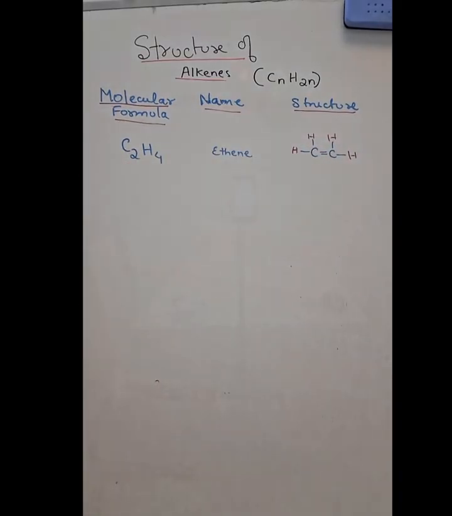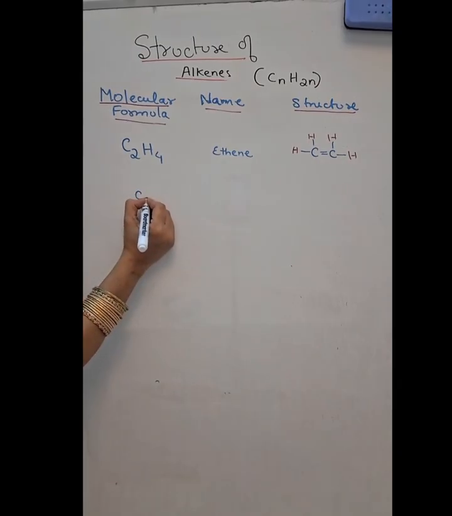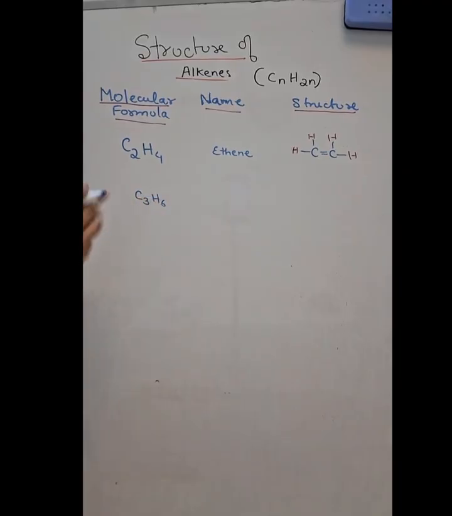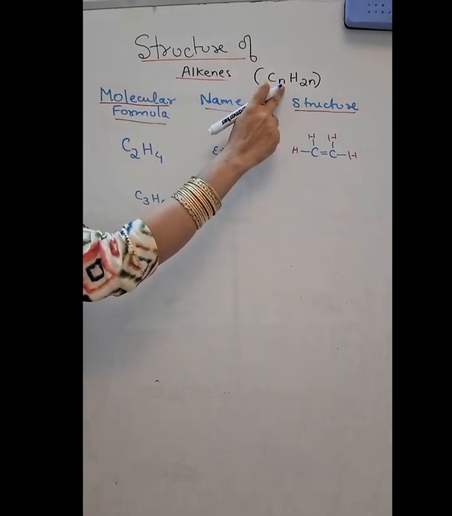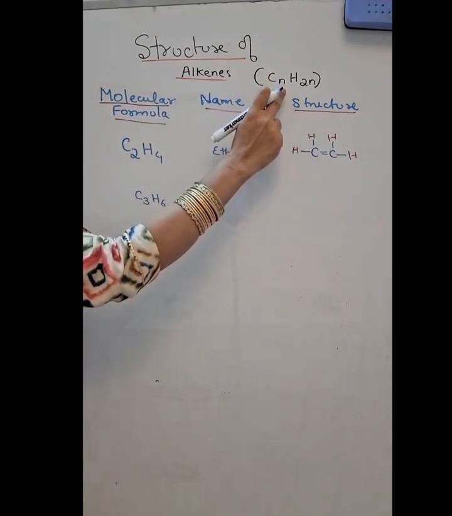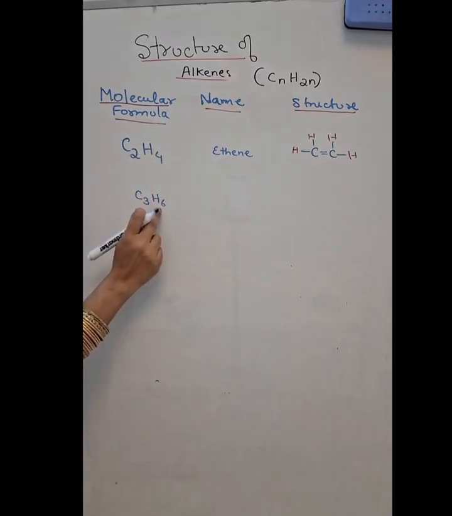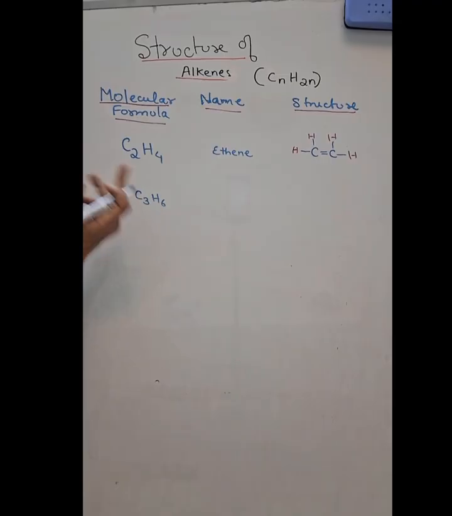The next member of alkene is C3H6. We can also check that we are getting this molecular formula from the general formula. n is the number of carbons and 2n is the number of hydrogens. So the number of hydrogens is just double the number of carbons. Whatever the number of carbons, hydrogen will be double of it.